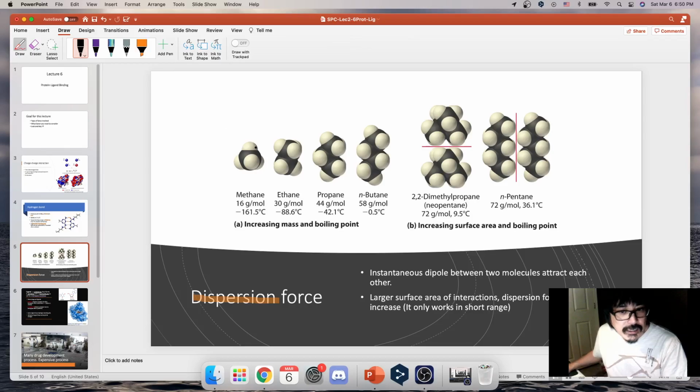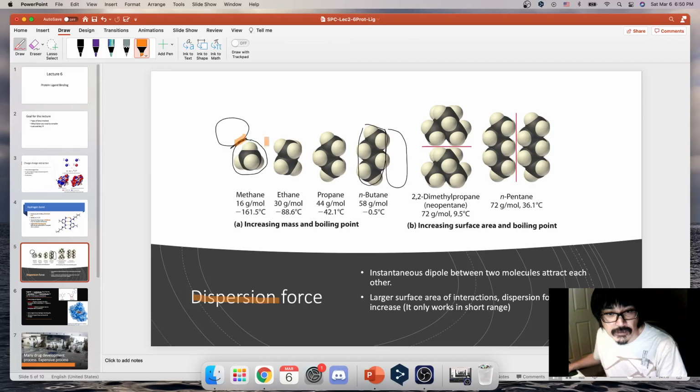The dispersion force only matters with the contact area. So two molecules that have a very small contact area will have a small dispersion force, and where there's a large contact area, for example like this and that, we have a large contact area compared to this one, right?